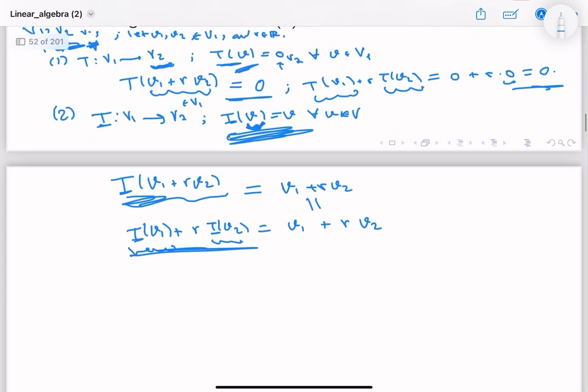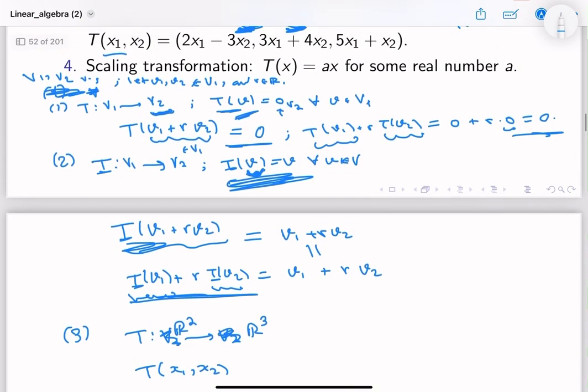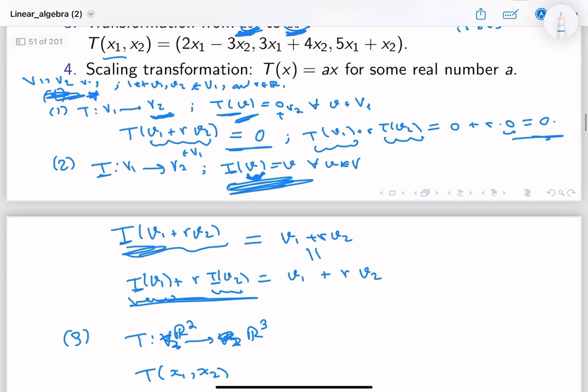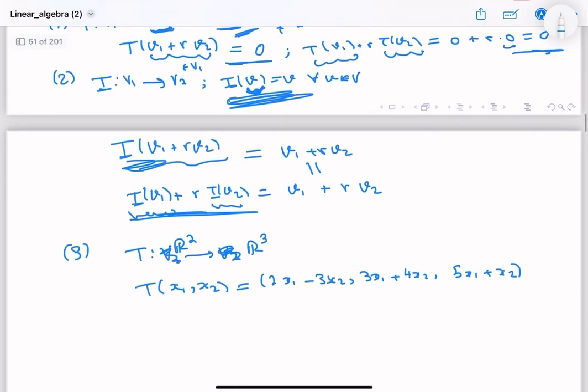So if we take this map from V1 to V2, where V1 here is R2 and V2 here is R3, we're defining T of x1, x2 to be 2x1 minus 3x2, 3x1 plus 4x2, and 5x1 plus x2. So this is what we're defining, right?